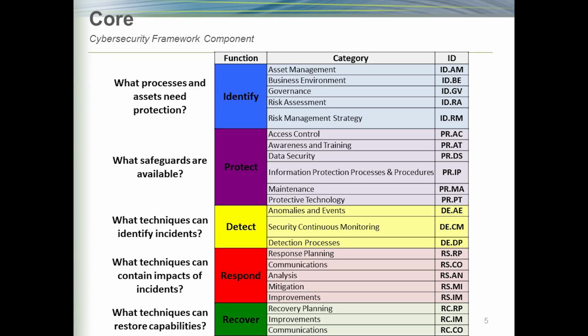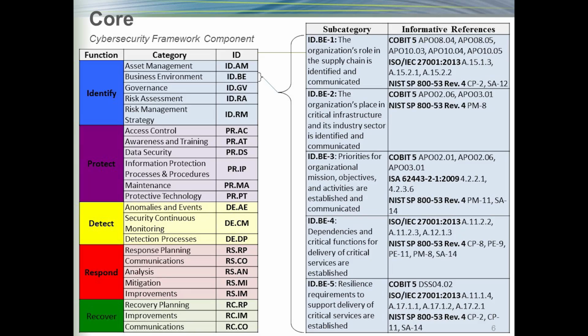The core outlined here, the 5 functions, the 22 categories, I wanted to explore it a little bit more in depth today and show you what the subcategories look like if you haven't had a chance to take a peek. Remember yesterday I was emphasizing the importance of that business environment category, and my recommendation that you start there as a point of reflection. Here's what the subcategories for that look like.